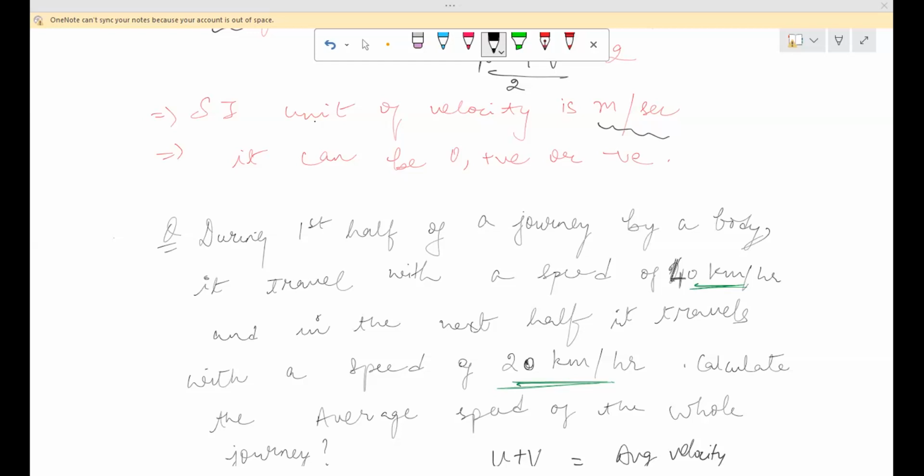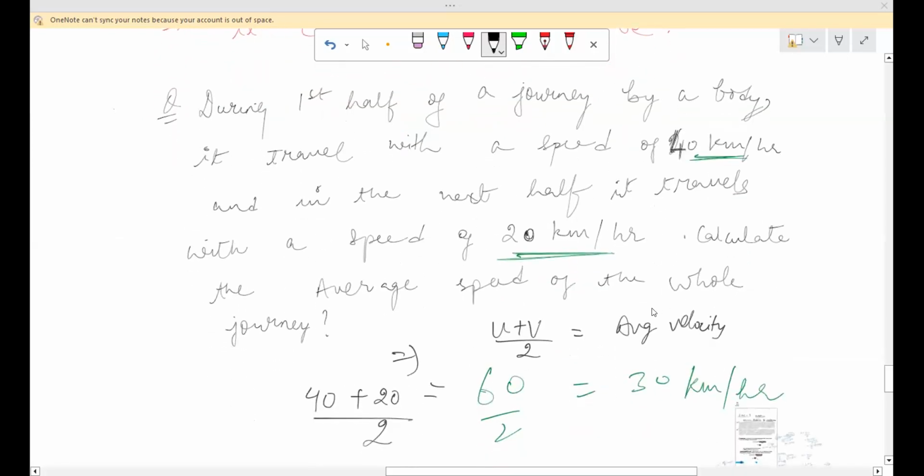In this question, the time is not given. So I have told you what formula to use when displacement, time, distance, nothing is given. Just now I've told you, no? Yes, but I don't get it. Now, the final velocity is given to us, right? 20 kilometer. Initial velocity is given to us, 40 kilometer. So can't we use this formula, divided by two?